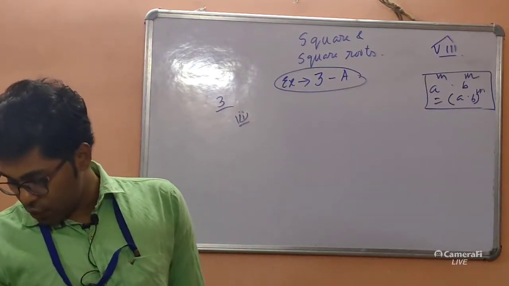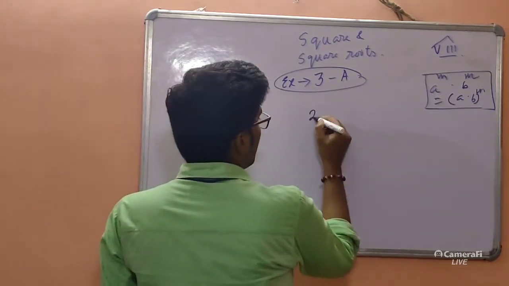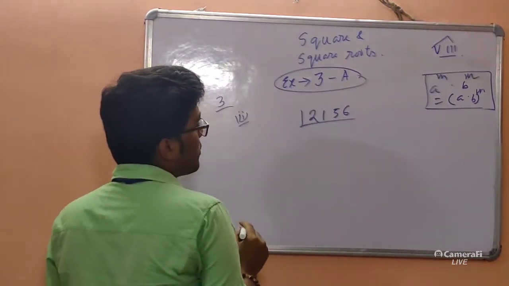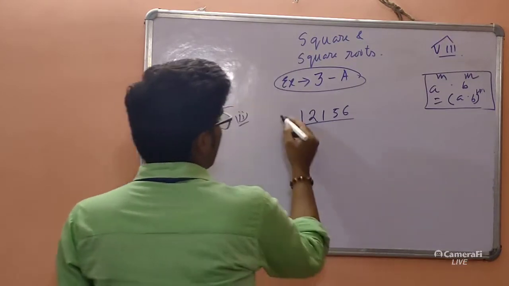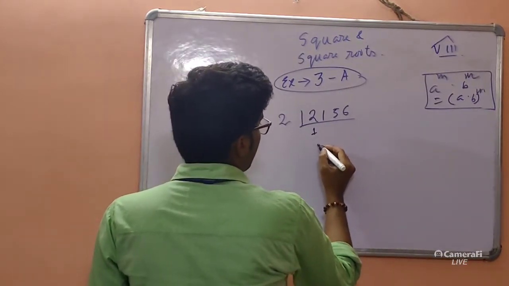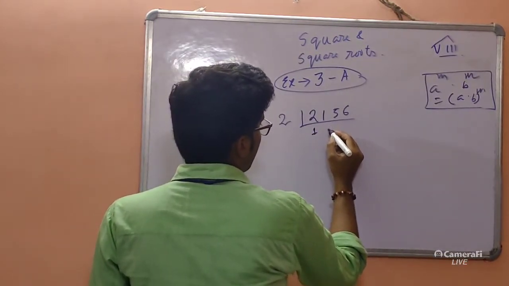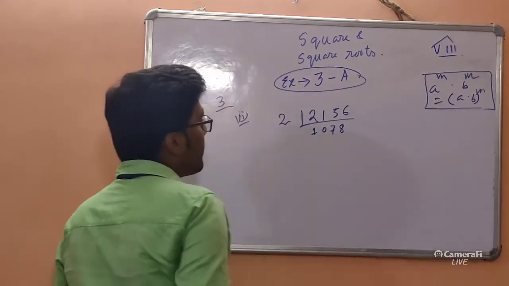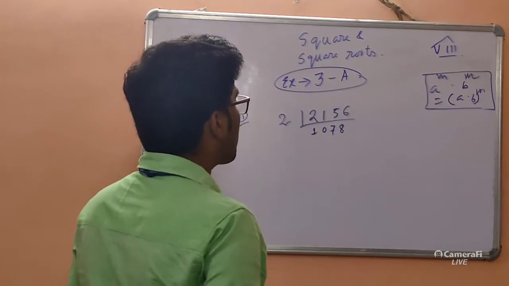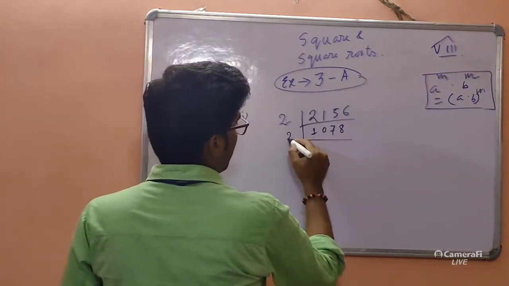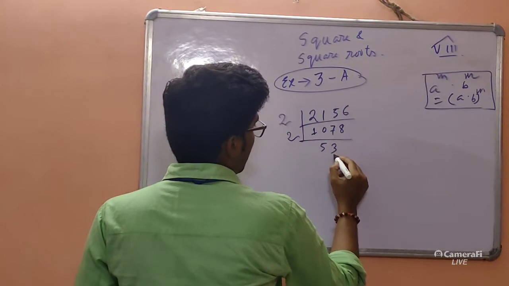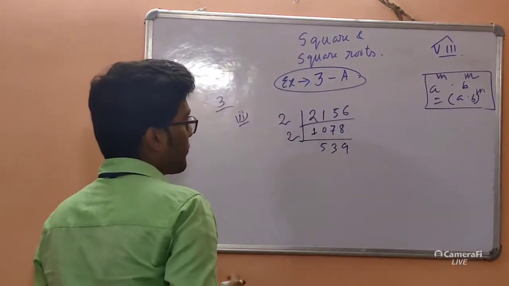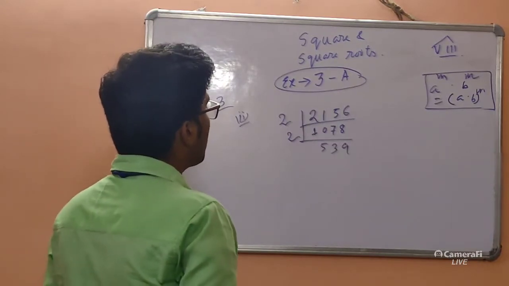So what is the number? 2156. So factorize at first.